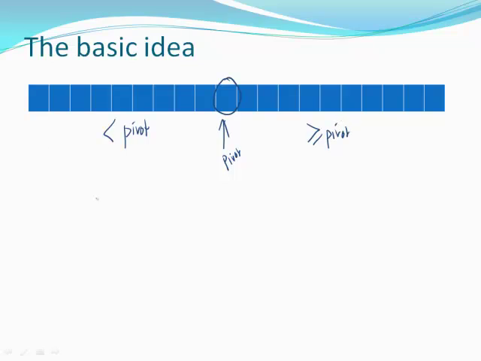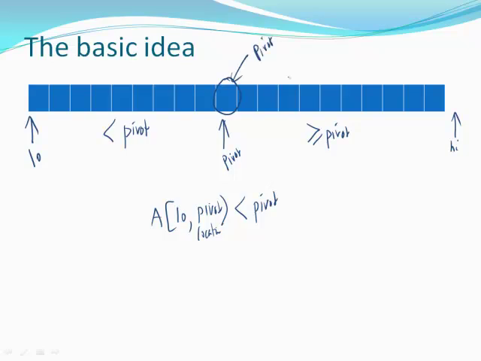So ideally, if you call this low and if you call this high, if you take the array segment from low to the pivot location, pivot location not included, all the elements in that segment are less than the pivot.